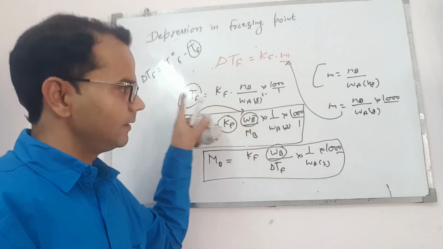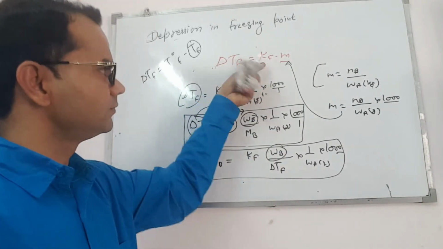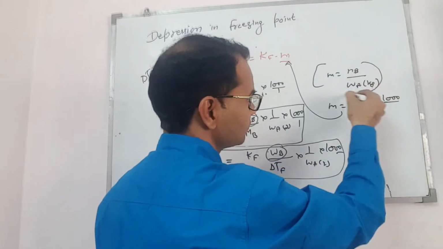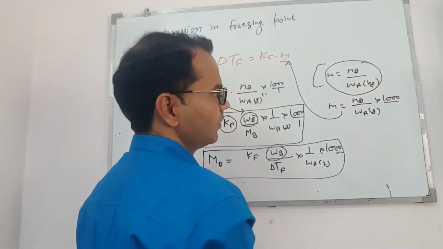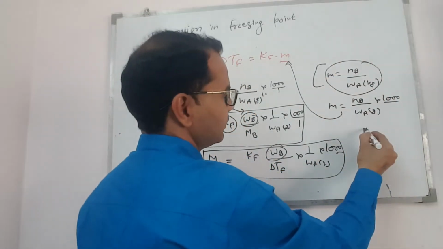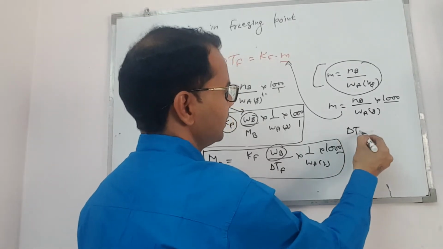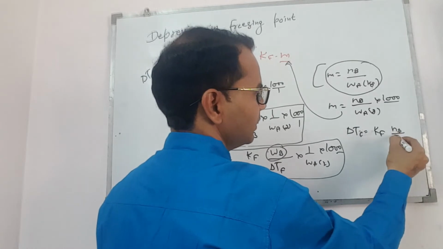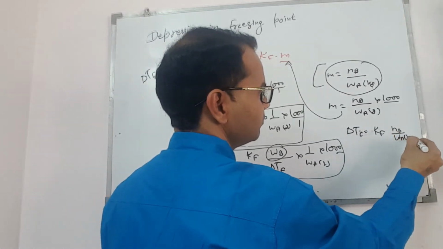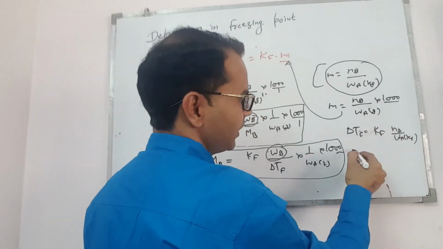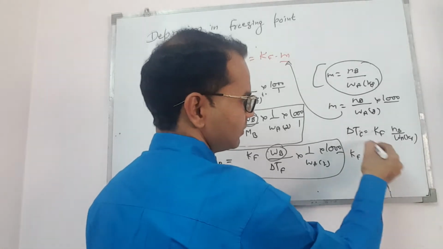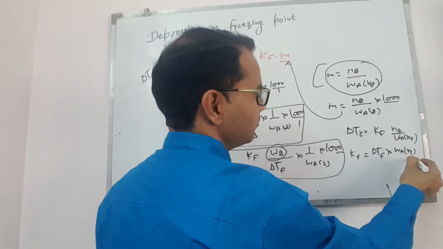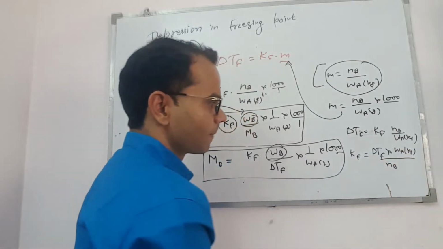Easy. Let's go back to the unit of KF. The formula is molality, number of moles by weight of solvent. So delta TF equal to KF into number of moles by weight in kg. If we have to find out unit of K, delta TF into weight in kg by number of moles.